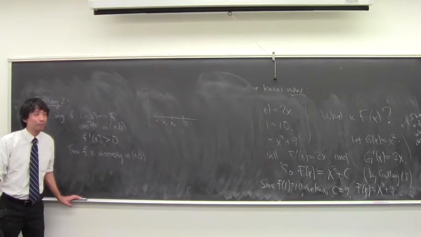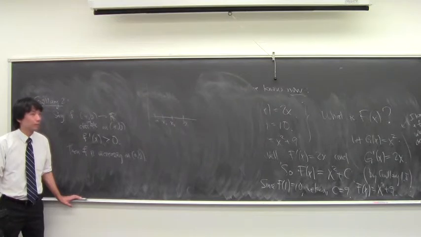Well, if f is increasing, that means f of b would be greater than f of a. So f of b minus f of a can't be 0. It'll always be greater than 0.